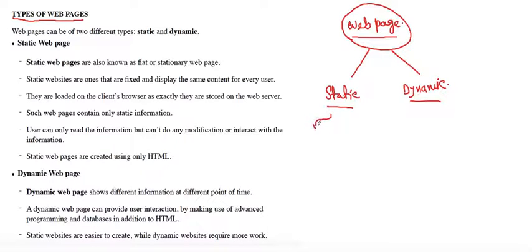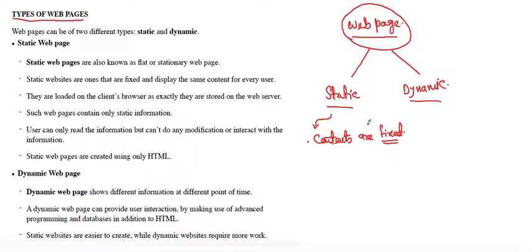A static web page is a type of web page whose contents do not change, or whose contents are fixed for every user. So that means contents are fixed. It is just like these pages have been printed. That means the text is fixed.